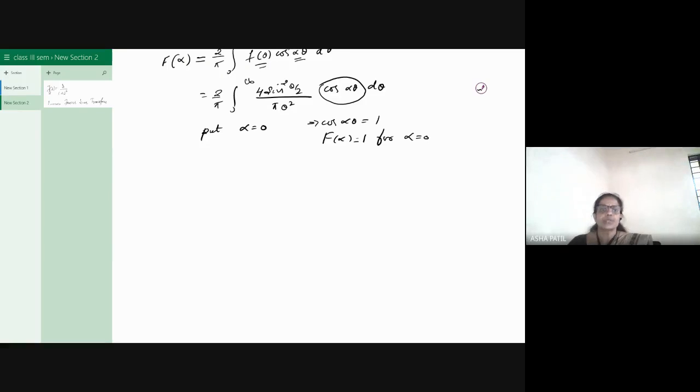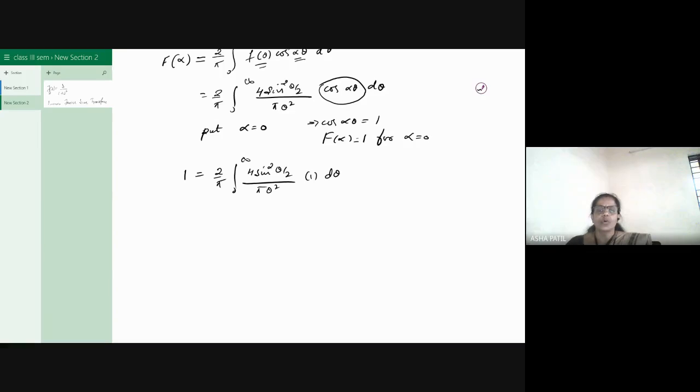Okay. Now substitute it. 1 equal to 2 by pi integration from 0 to infinity of 4 sine square theta by 2 divided by pi theta square, and we have cos alpha theta, which is now 1, into d theta.